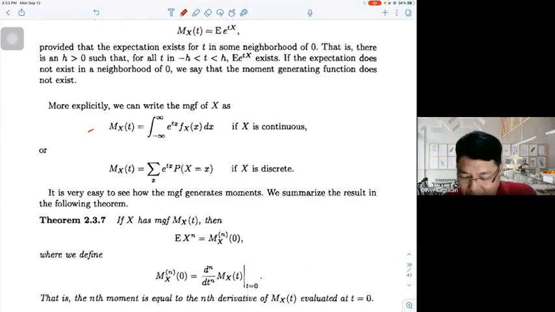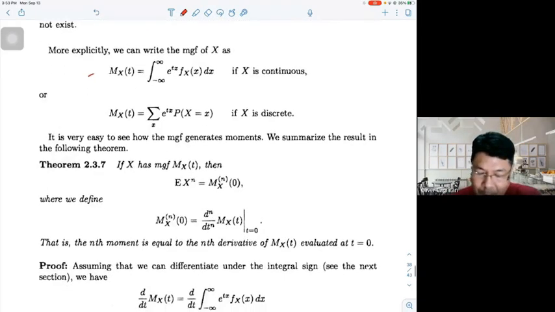But if X is discrete, then the moment generating function of X will be equal to the summation of e to the tx times the probability mass function of X, where the summation is over all the mass points of the random variable X. Okay, so we have here our working formula in computing for the moment generating function of the random variable X.